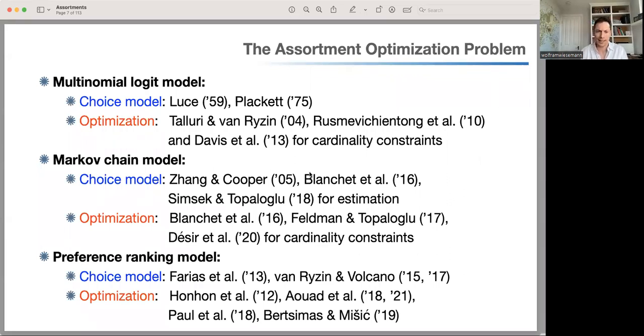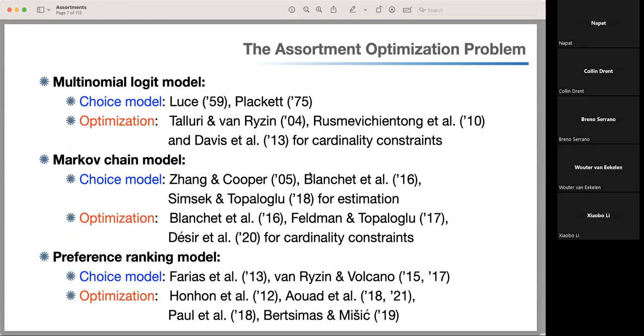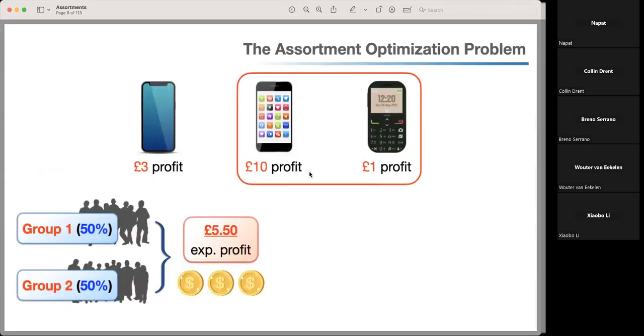Broadly speaking, in the literature, people have studied different choice models, and they have studied the structure of optimal assortments under different choice models, as well as how to efficiently compute optimal assortments, either without any side constraints or constraints such as the cardinality constraint that we have imposed in our example. So this is a very well-studied field. And the focus of my talk today will be on estimation errors.